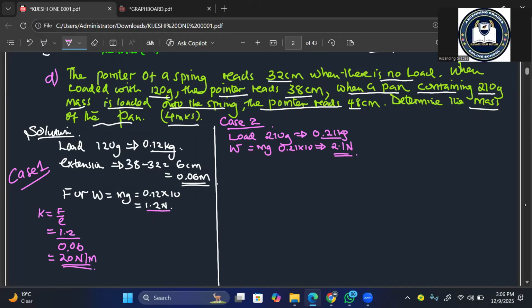Remember this one, it is inside a pan. So total load will be 2.1 newtons, plus something, let's say P for pan. So this one is pan. And these are all in newtons.